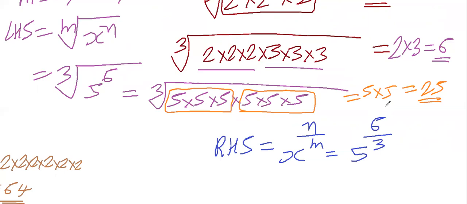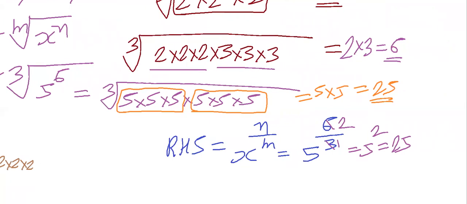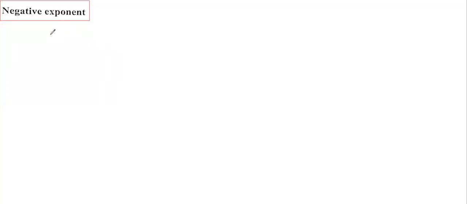So when I solve this, I will get 3 ones are 3, 3 twos are 6, which is nothing but 5 square, and that is nothing but 25. So I can see here that my left hand side is equal to right hand side. Okay, clear? Fine.